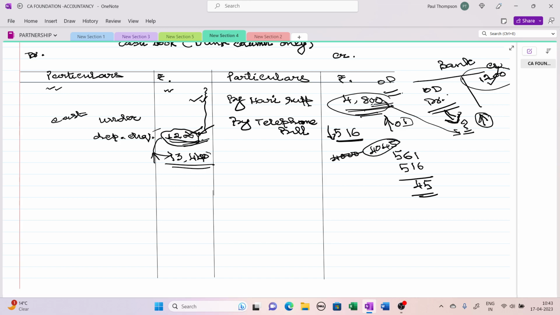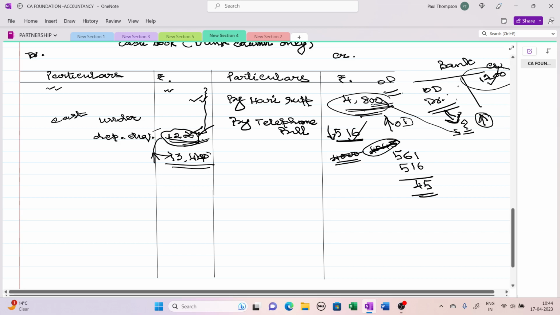So what happened? Because of writing like this, my overdraft has come down by 45 rupees. But the bank has not made a mistake. They have made the payment of the telephone bill as 561. So here the overdraft is increased by 45 rupees.